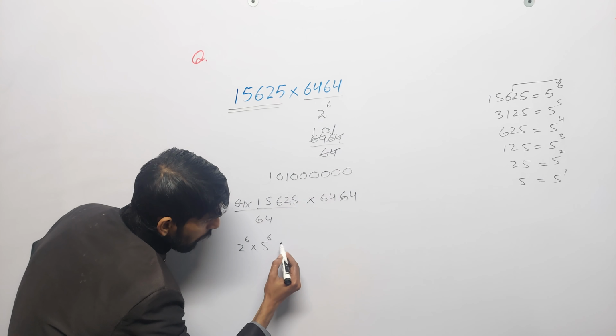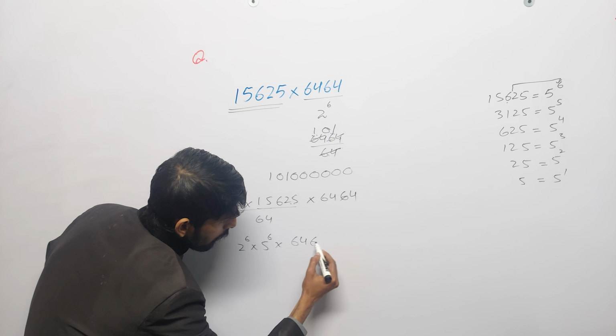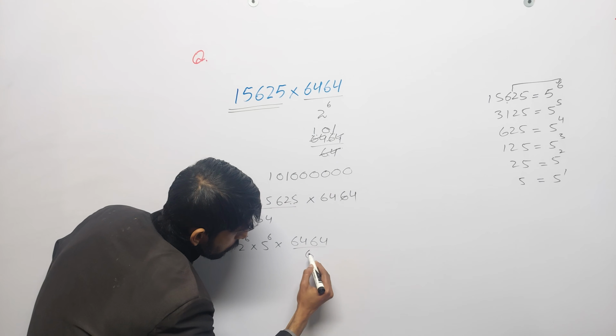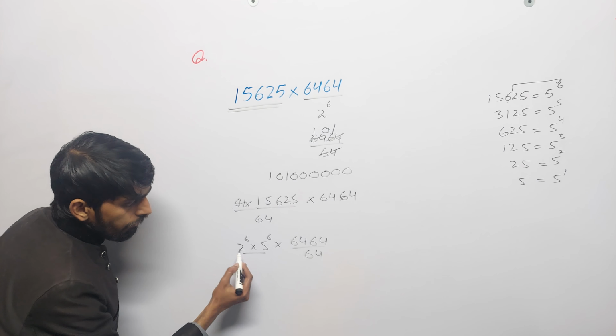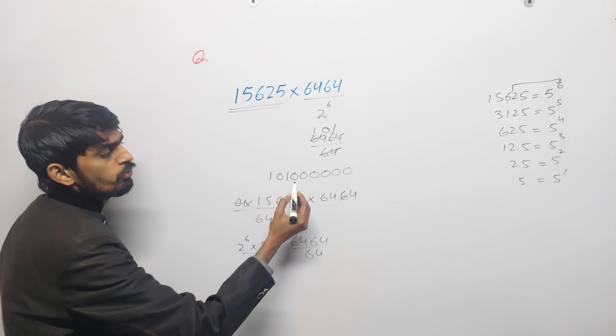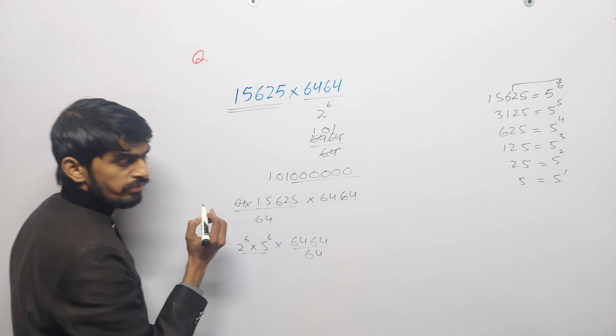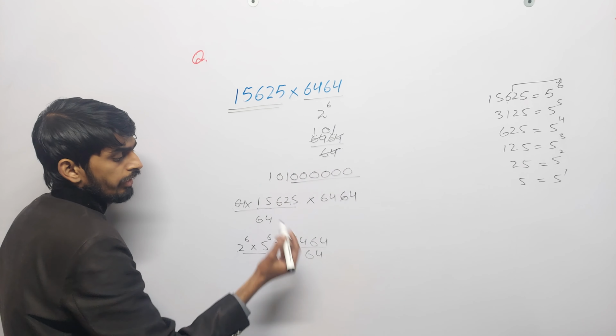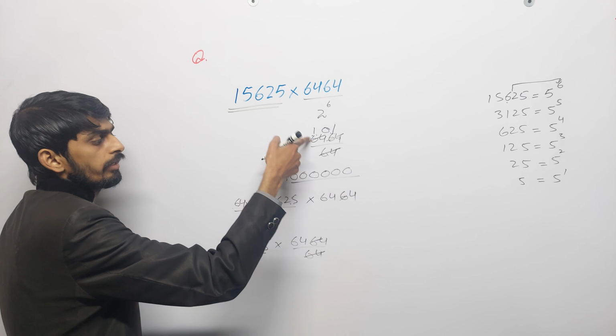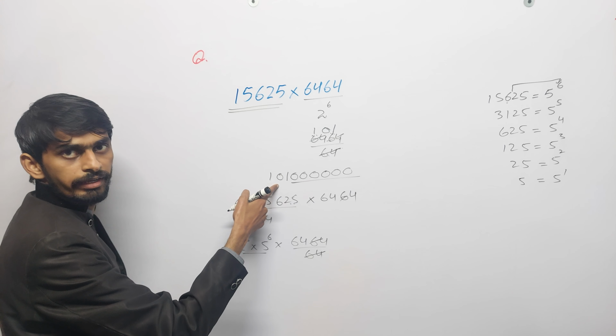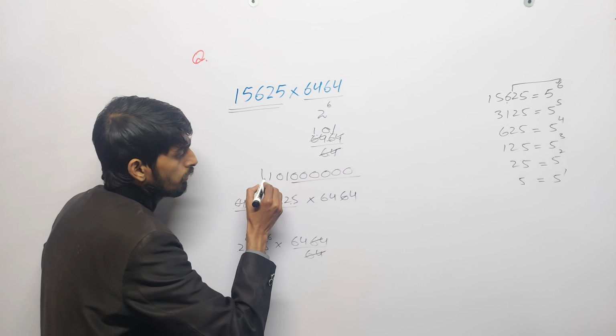And this 64, I simply put under this 64. And this is 10 raised to the power 6, and 10 raised to the power 6 means 6 zeros after the answer. And this 64, I simply calculate this answer by division here. And this is your answer.